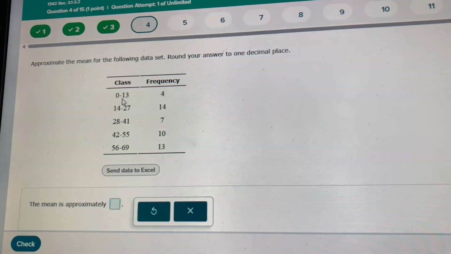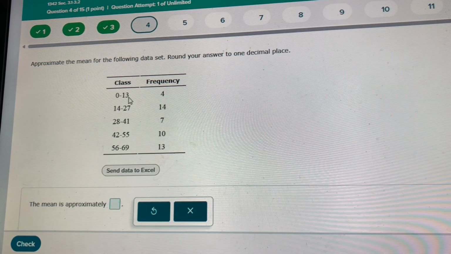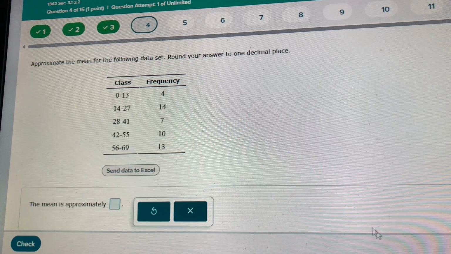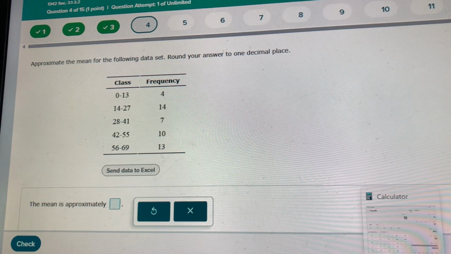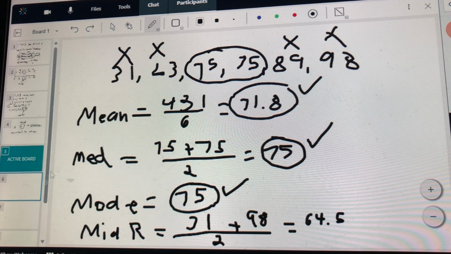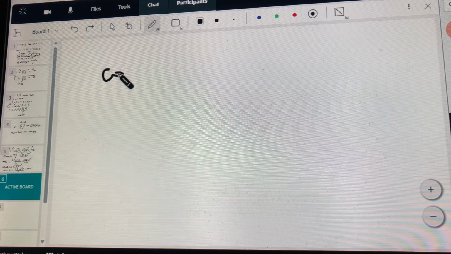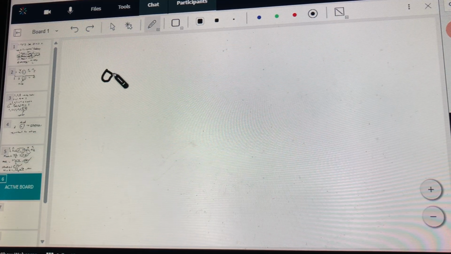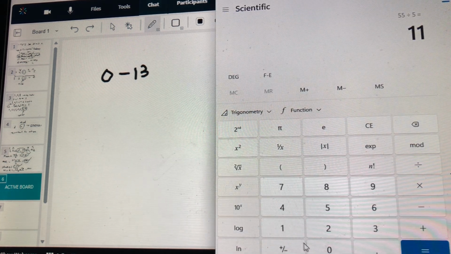So the way you handle this is you find the midpoint of each class. Remember, we did that in chapter 2. If you find the midpoint of each class, the first class is 0 through 13. The midpoint is the same thing as the median when there's 2 numbers in the middle.